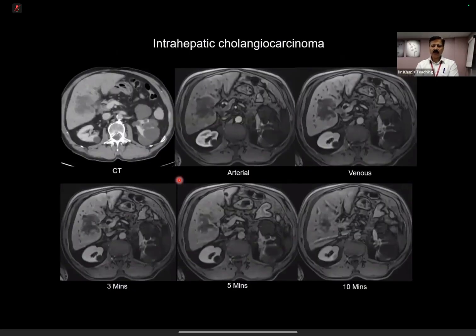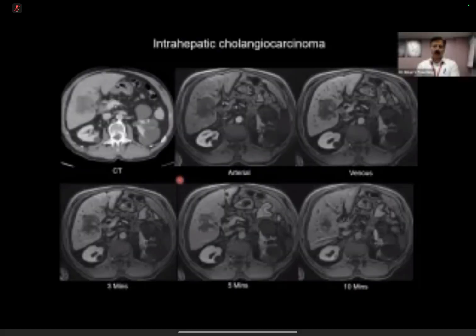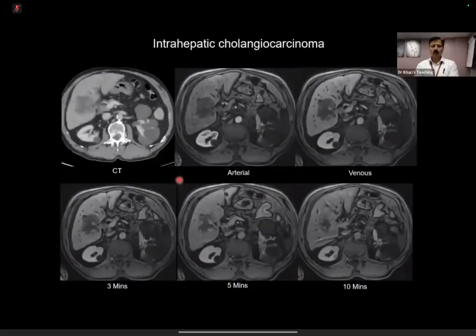Basically, people do confuse hemangioma versus intrahepatic cholangiocarcinoma, or any tumor which has got a fibrous scar. Basically what happens in an intrahepatic cholangiocarcinoma or a mass-forming cholangiocarcinoma, the active component of the lesion is peripheral, and centrally there is a lot of fibrosis. This is histologically speaking.